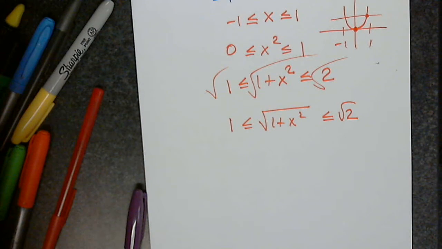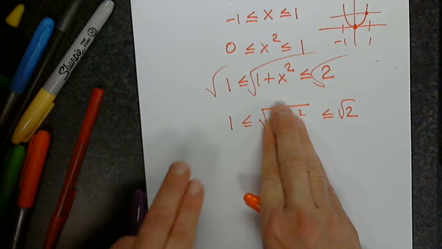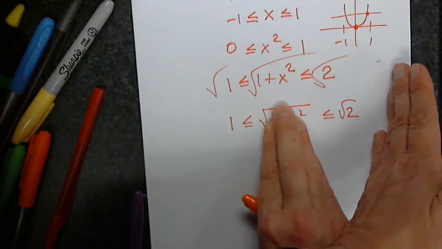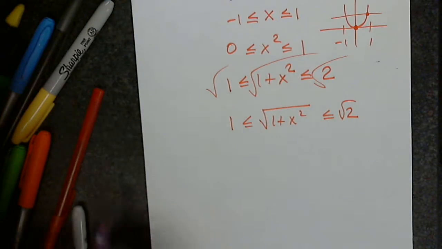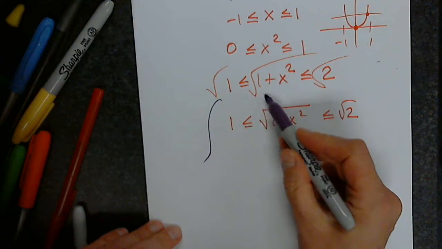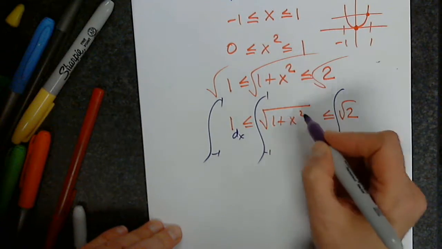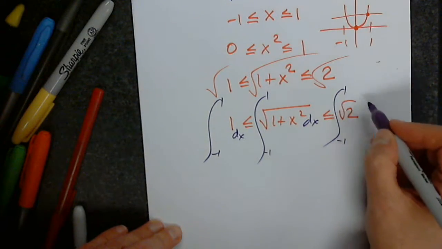Now we had the last property that we talked about before the odd and even functions. We said, if I have a function between lower m and upper m, I can integrate all three sides, and I will get the integral from negative 1 to 1 dx, negative 1 to 1 dx, negative 1 to 1 dx.